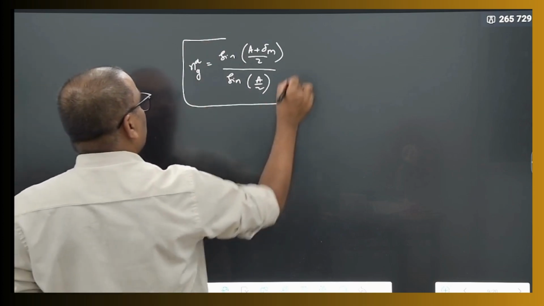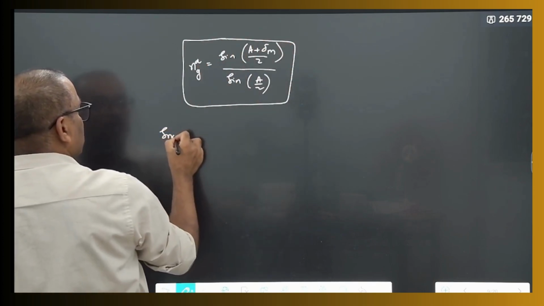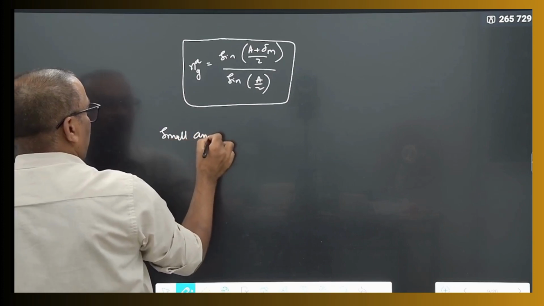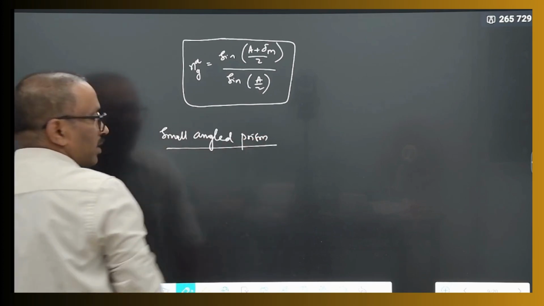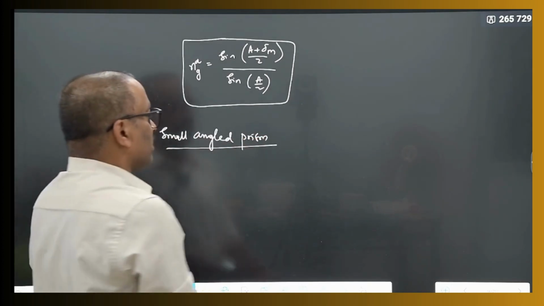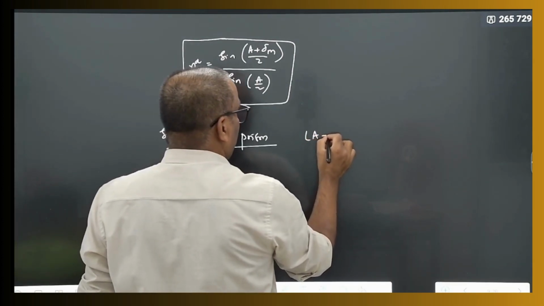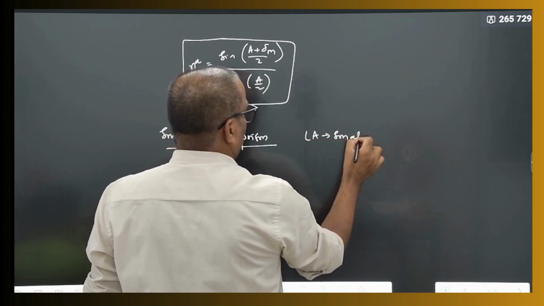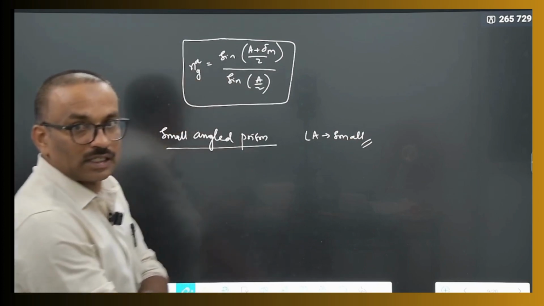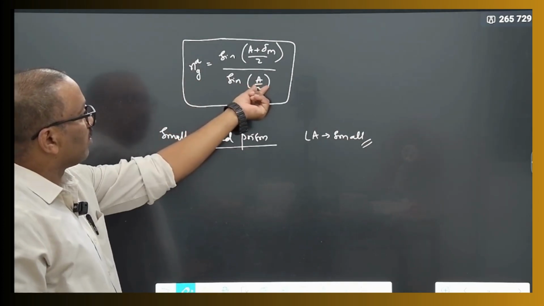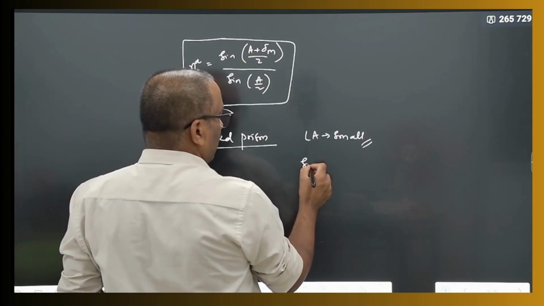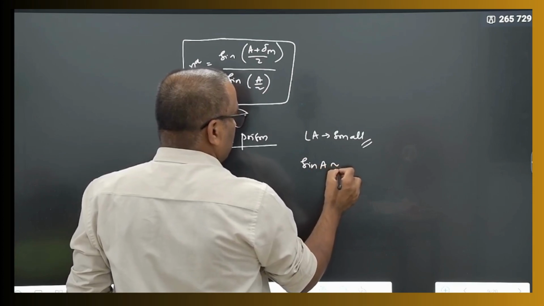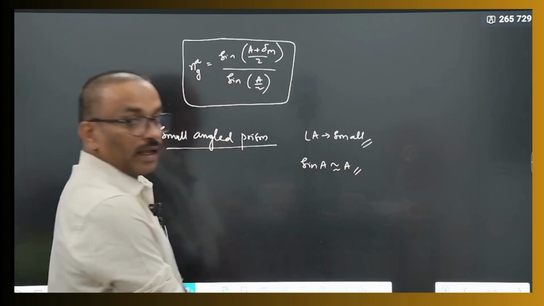Suppose I take a small angled prism. What does a small angled prism mean? The angle of prism is very small, so the value of A is small. If A is small, then A by 2 is also small. So if theta is small, sin A is nearly equal to A. Clear?